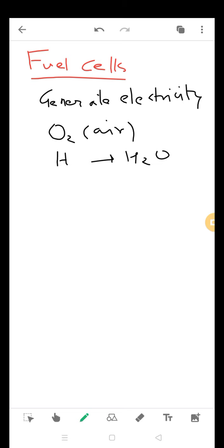So this is actually the fuel part, and this is supposed to be an electrochemical reaction.